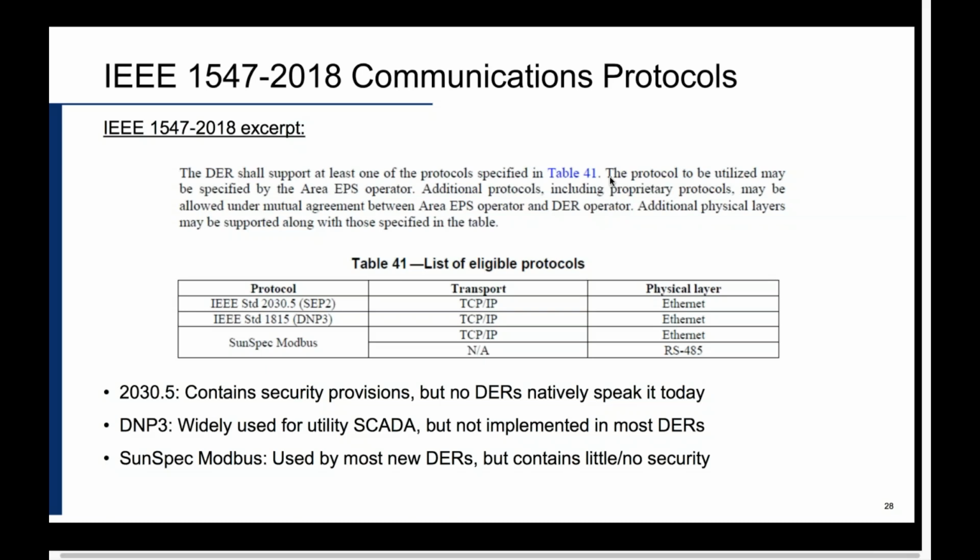So what 1547 did is they listed these three, which is 2030.5, also referred to as Smart Energy Profile 2.0, which is Zigbee, DNP3, which is a very popular protocol, or SunSpec Modbus. SunSpec Modbus is a variant of Modbus built specifically for inverters. That means any DER that gets connected in USA should be capable of managing one of these three.